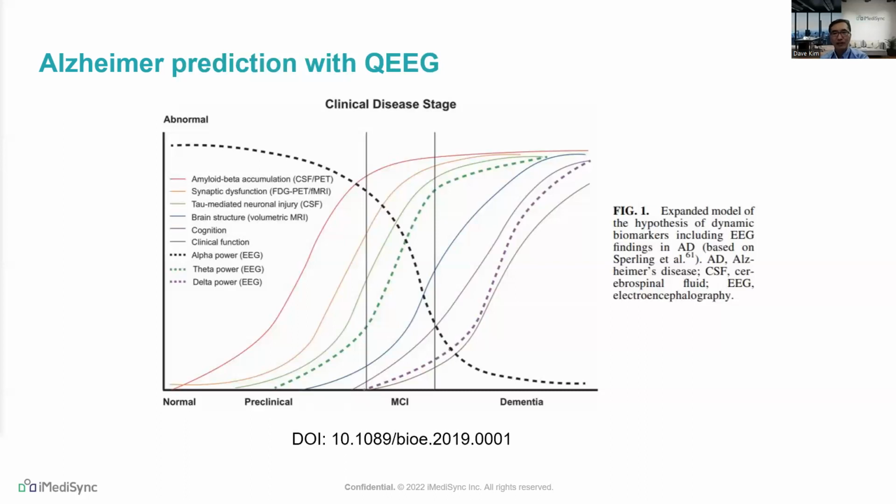If you can apply both platform technologies, EEG is a very good option, and you can track this alpha or theta activity, for example. EEG change is more substantial compared to the structural changes in the preclinical stage, and it is very user-friendly and affordable compared to amyloid PET imaging or CSF tau monitoring.